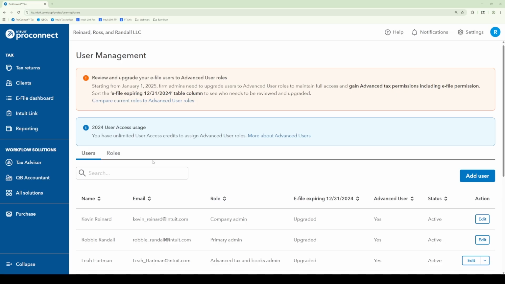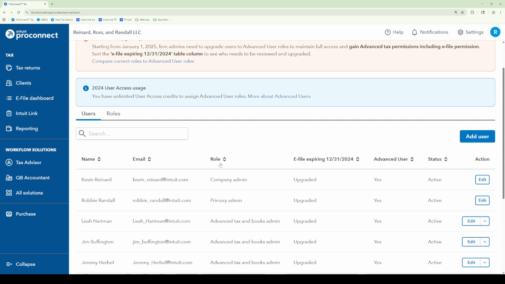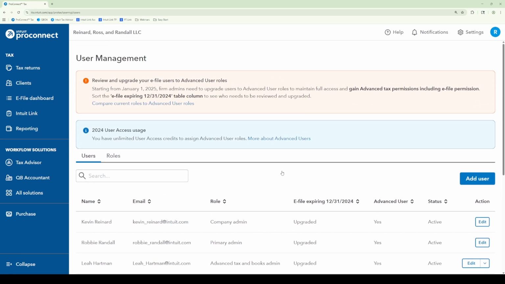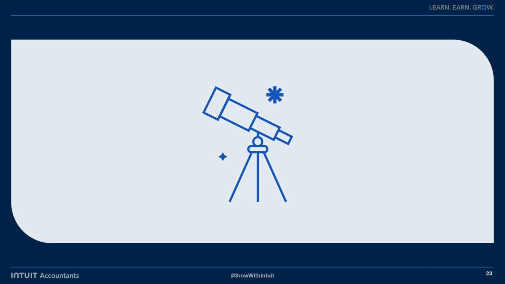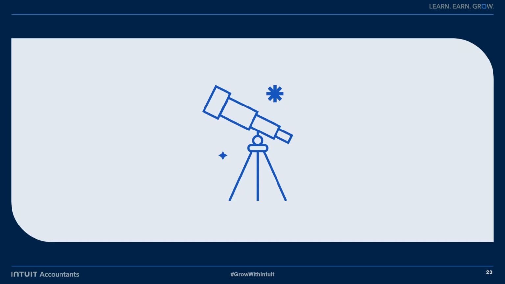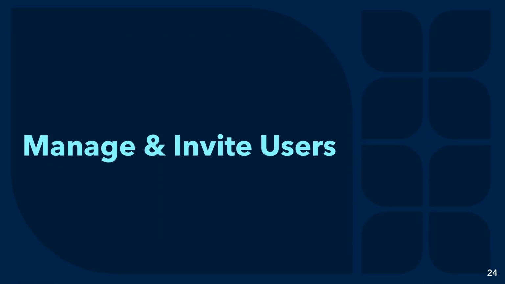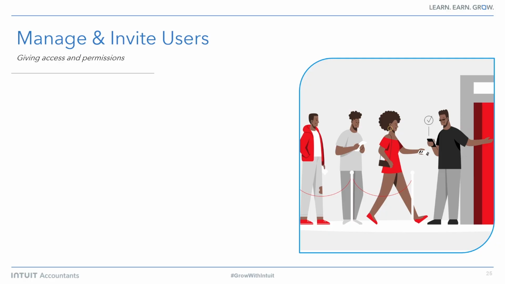Remember, it is a shared environment, a shared space. So this is where you can manage those users in particular. So we'll come back to that in just a moment. Let's shift things back over here to that particular topic in manage and invite users.